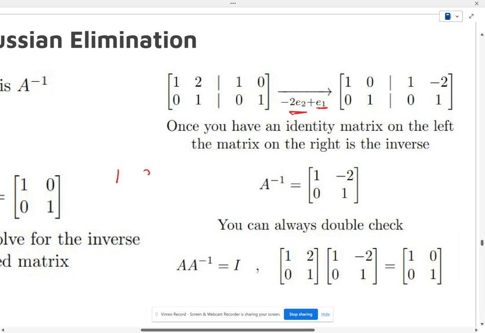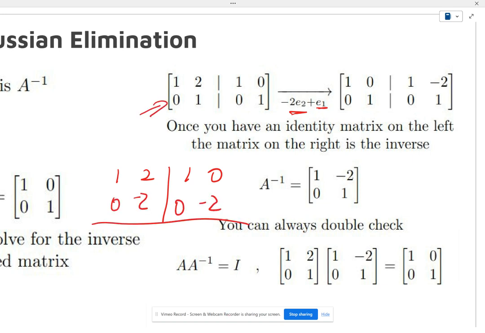So 1, 2, 1, 0. So minus 2 equation 2. So 0, minus 2, 0, minus 2. So you put them together, it becomes 1, 0, 1, minus 2. Like right here, 1, 0, 1, minus 2.